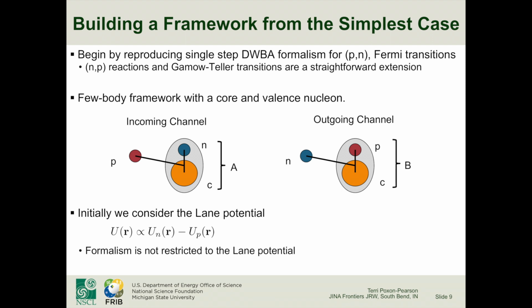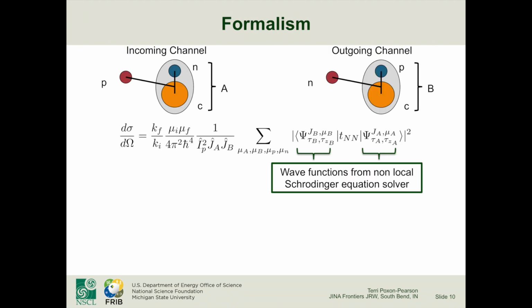Initially, we're using something called the Lane potential, which is the difference between a proton and a neutron scattering potential. It's phenomenological. We're doing this because of the work that we're comparing to, but it's worth saying our formalism is not restricted to this potential. It can use any sort of NN potential that you want to give it.